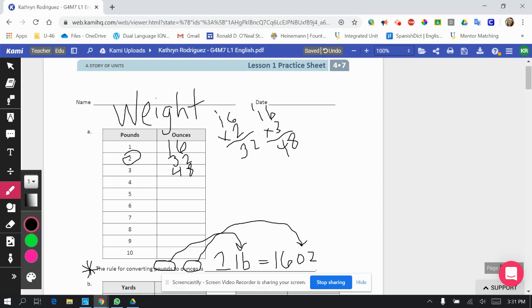Take a moment, pause this video, go ahead and do the rest of that chart, pounds to ounces.